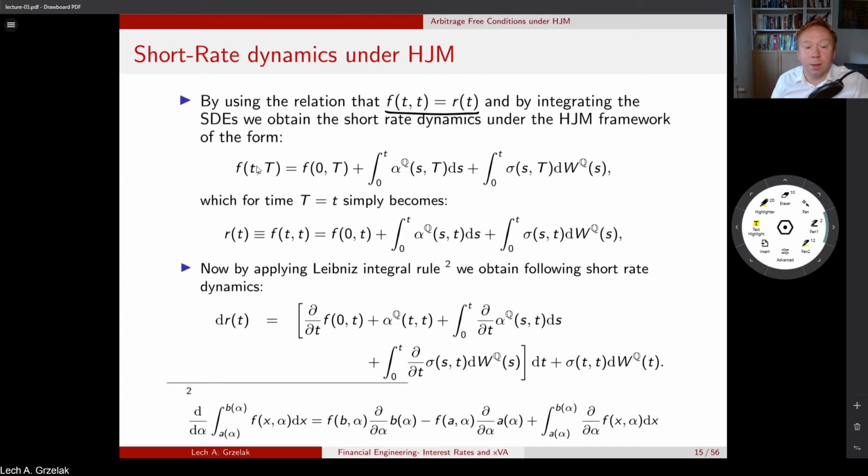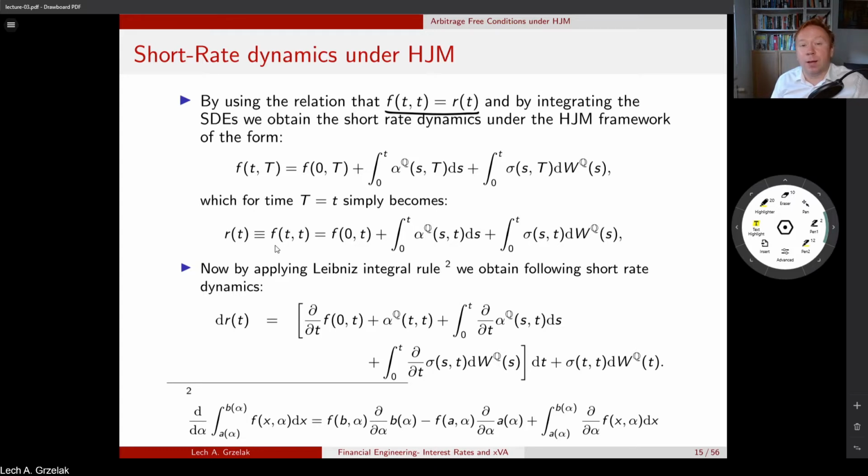The instantaneous forward rate from t to capital time T will have the following well-known Ito representation. This is just the integral of the SDE. If we set capital T to be small time t, then the short rate is given in this way. And now what we need to do is to find the dynamics for the short rate, because we are talking about stochastic differential equations for the short rate.